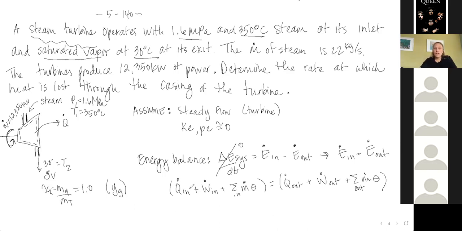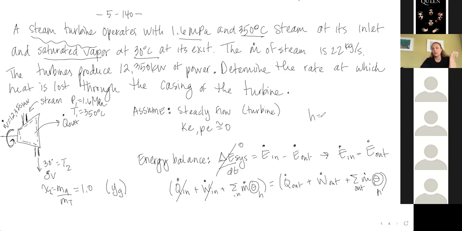So we don't have any heat coming in. We really only have heat that's going out. And we don't have any work that's coming in. We only have work that's going out. And our kinetic and potential energies can cancel, so these fluid flow terms are going to convert into enthalpies. Because we're canceling our kinetic energy and potential energy, we're left with internal energy plus pressure times specific volume, which we're just converting into enthalpy, right?